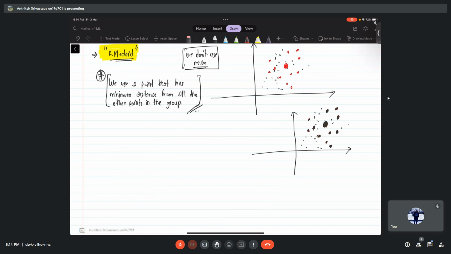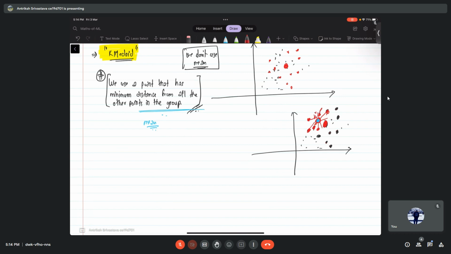Somehow the red group changed. After two or three iterations, let's say this happened. Then in this case, the center point, which will be used instead of the mean, will be this point, because it has the minimum distance from all the other points.